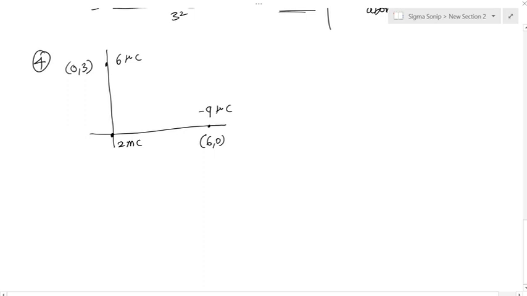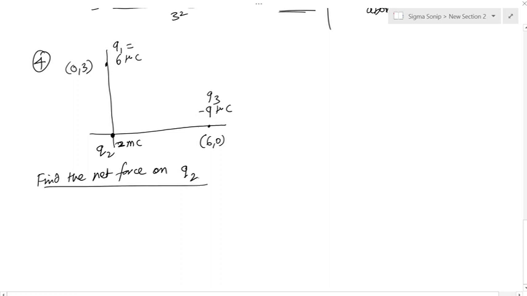And what we are required to find is the net force on Q, let's call it Q2. So this is my Q2, this is my Q1, and that's my Q3. So we have to find the net force on this 2 millicoulomb charge.